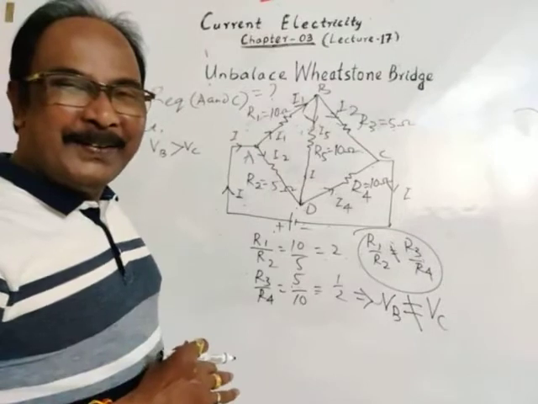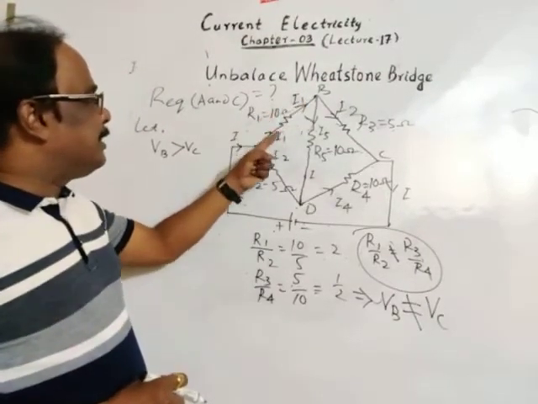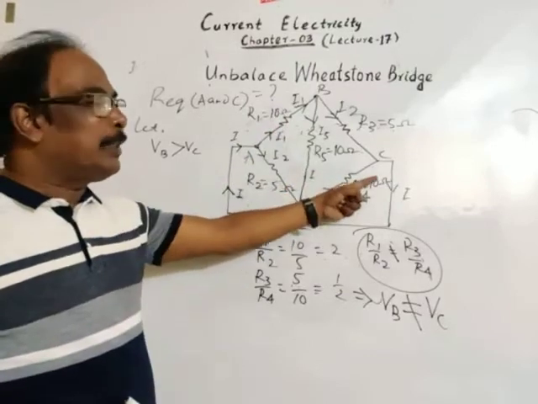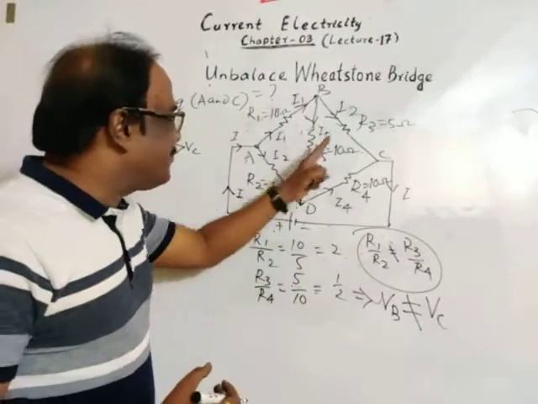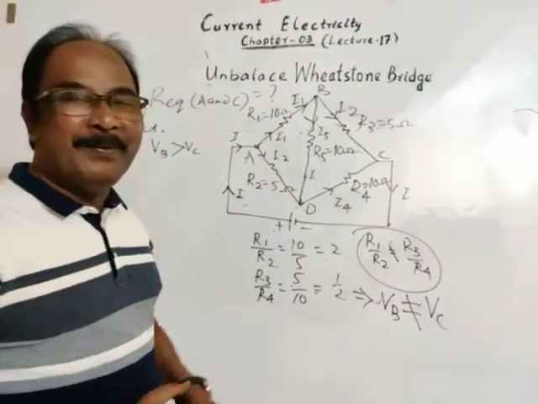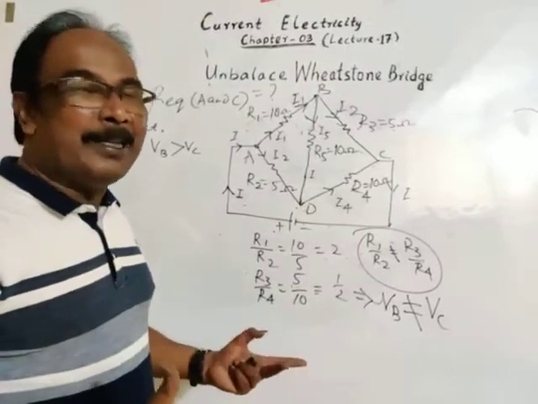If current through this 10 ohm is I1, then current through this 10 ohm is also I1. Just see the symmetry of the circuit.